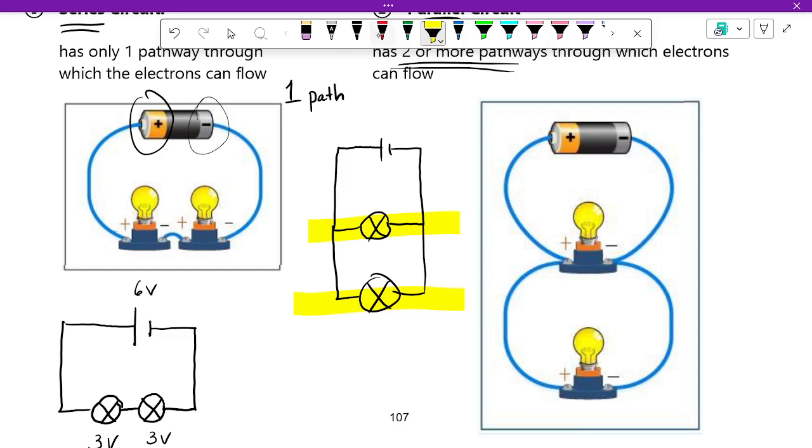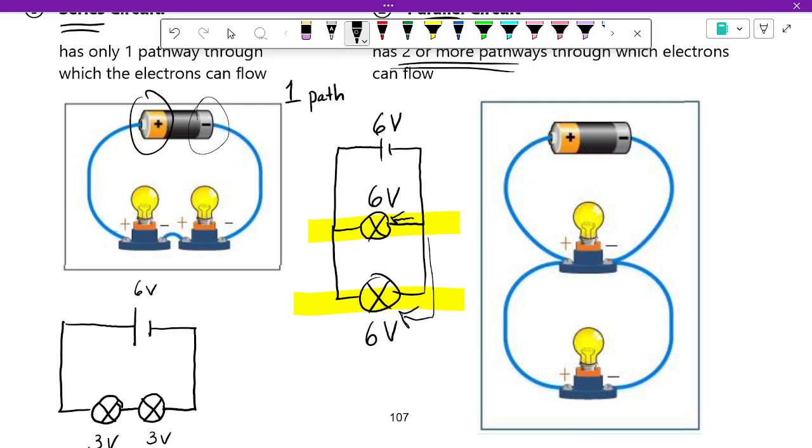And interestingly, if this was a 6-volt battery, this one would use 6 volts and this one would use 6 volts. Because electrons with 6 volts go this way and they drop all their energy, and other electrons with 6 volts go that way and they drop all their energy.